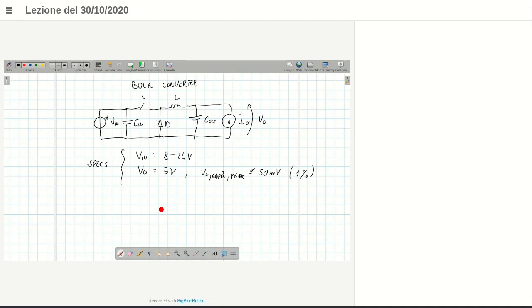The maximum current that can be drawn by the load, IO maximum, is 2 amps. Okay, so these are the specs of our buck converter, and we want to operate it in CCM.